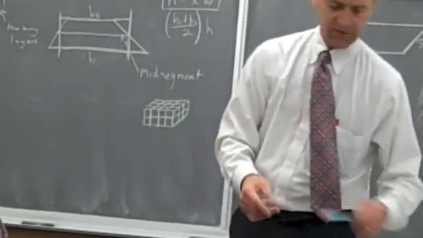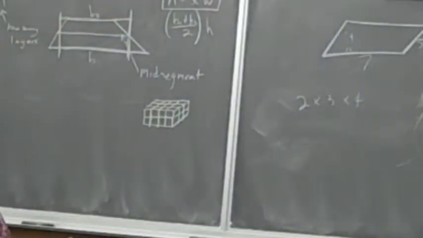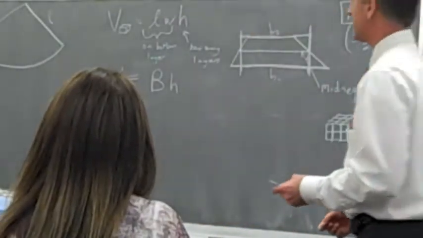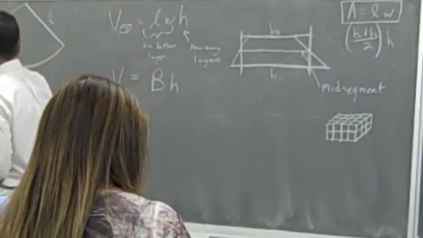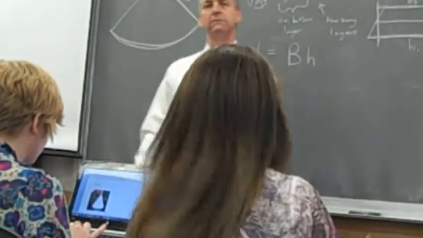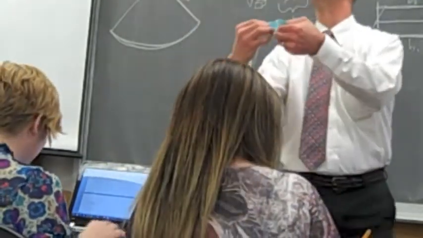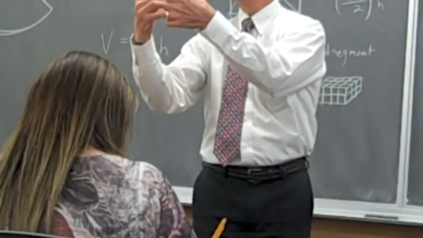Okay, so for slant height, we typically use the letter L. I don't know why, but every book I've ever taught out of does. That's our slant height. And what is this right here? It's an arc. How long is it? It's the circumference of the base of the cone.